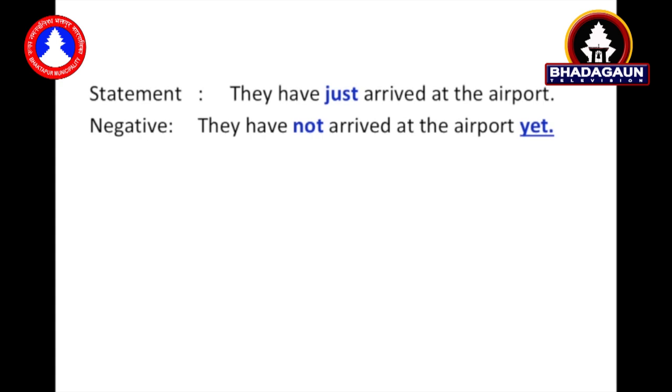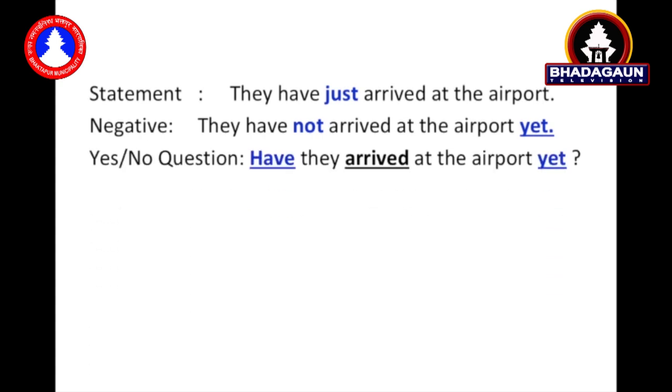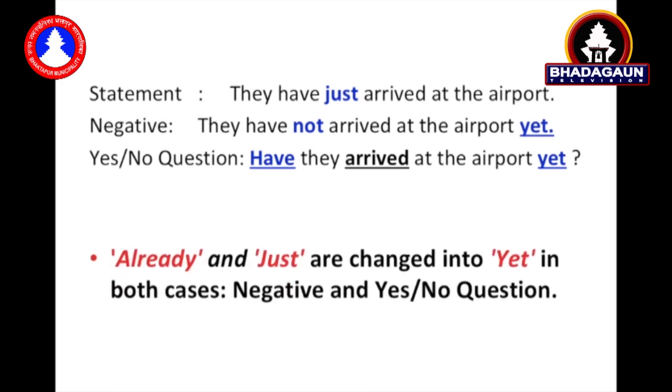And what is its yes-no question? Its yes-no question is: have they arrived at the airport yet? Again, the auxiliary verb have is used before the subject they, and just is changed into yet. Dear students, now already and just are changed into yet in both cases, negative and yes-no question.